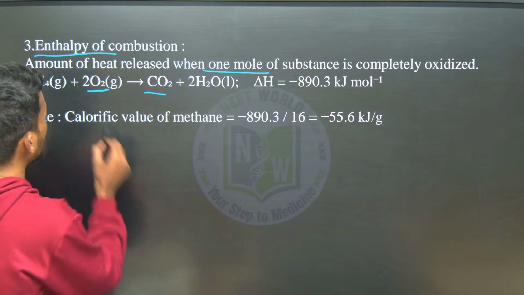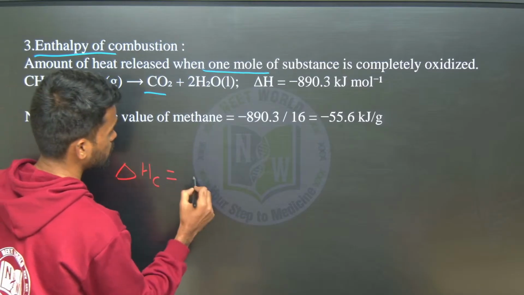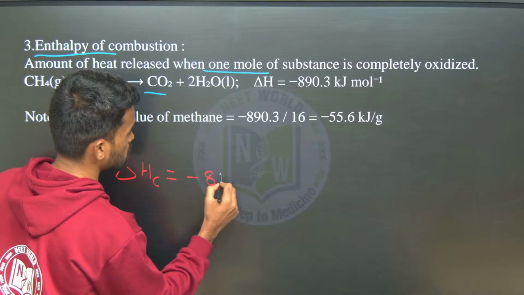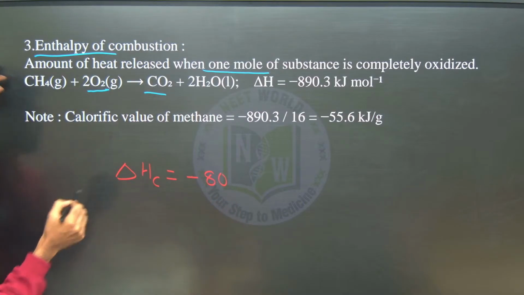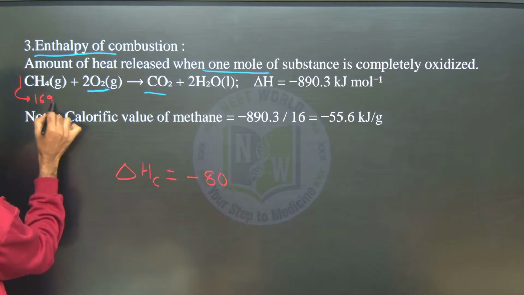Now the enthalpy of combustion of methane, delta Hc of methane, is how much? 1 mole of methane means 16 grams.